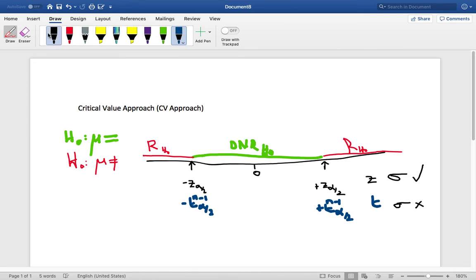And let me put the standardized test statistic up here. I put STS, meaning the standardized test statistic. Normally the test statistic would just be your sample mean.